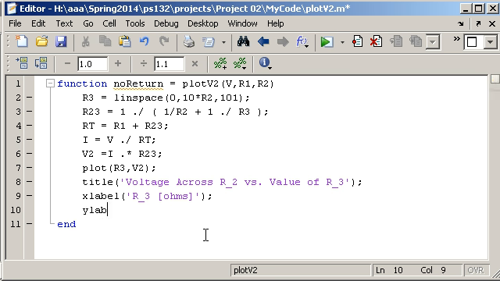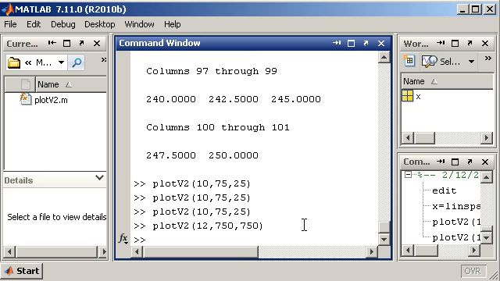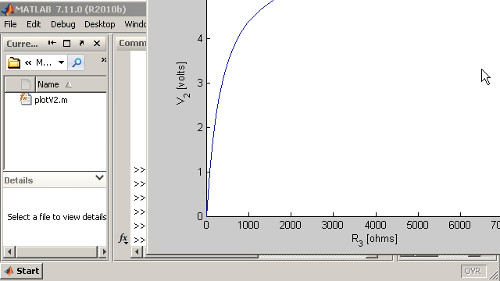Y label: voltage across R2. I think I'll just call it V underscore for subscript 2, and volts are the units in square brackets. Let's see what that looks like. Save it. I'm going to try running it.